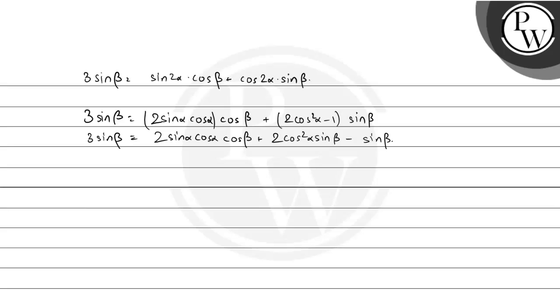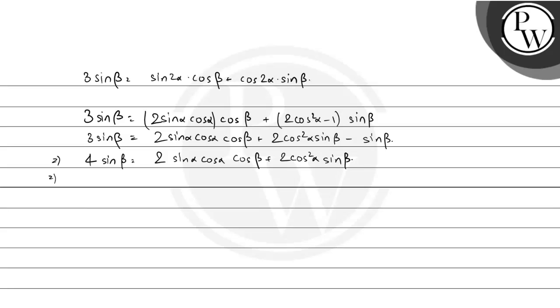I'll bring this sin beta from the RHS into our LHS and we'll see this as 4 times sin beta is equal to 2 times sin alpha cos beta plus 2 cos square alpha sin beta. In the two terms on the RHS, we have cos alpha as common in both of the terms, 2 cos alpha.